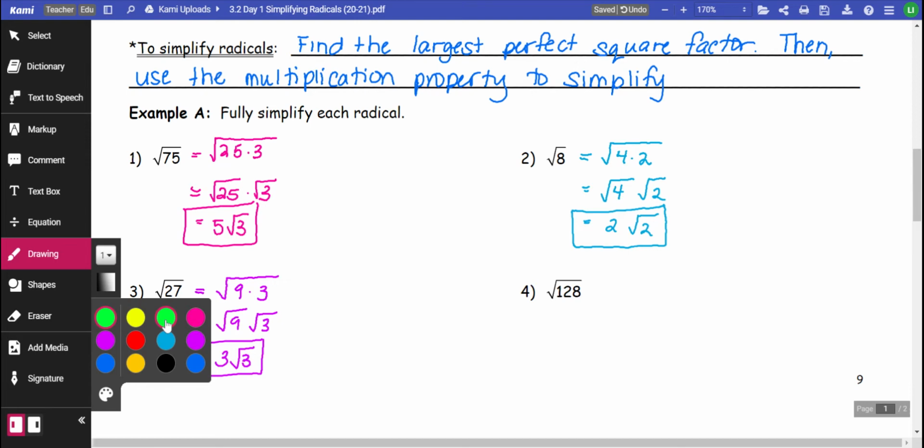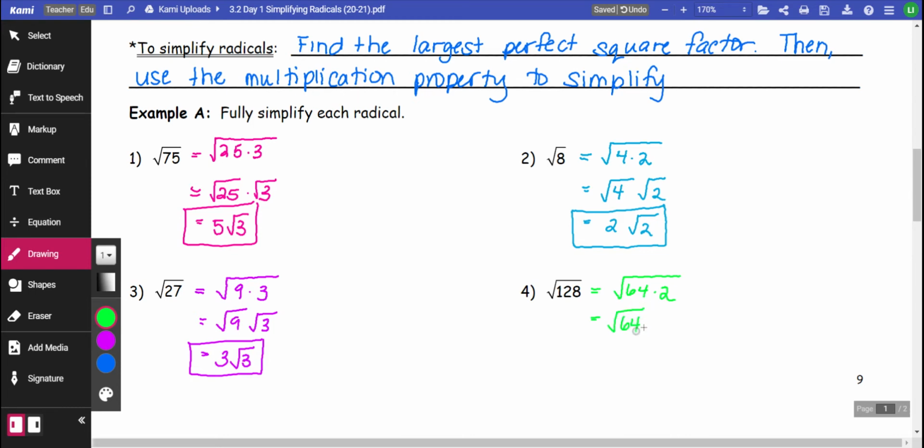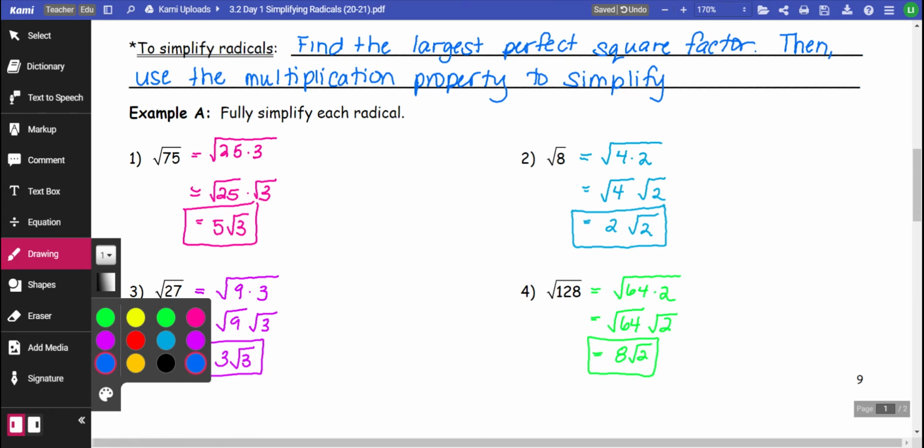Number 4, square root of 128. This is going to be the square root of 64 times 2. So I have the square root of 64 times the square root of 2. Square root of 64 is 8, with a square root of 2 left over. Now, don't be afraid to use your calculator to divide by perfect squares.